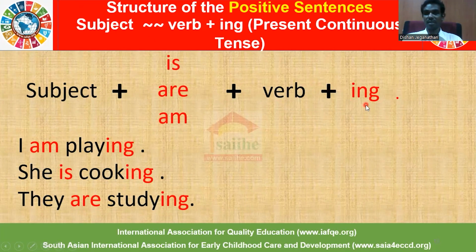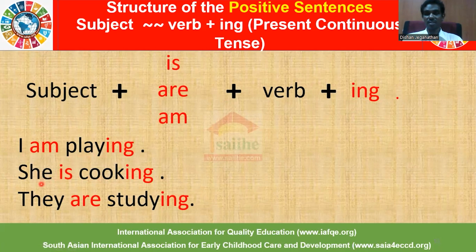For example, if we take I am playing, I is the subject followed by am, and the verb used is play. In continuous tense, it becomes playing. Likewise, she is cooking.